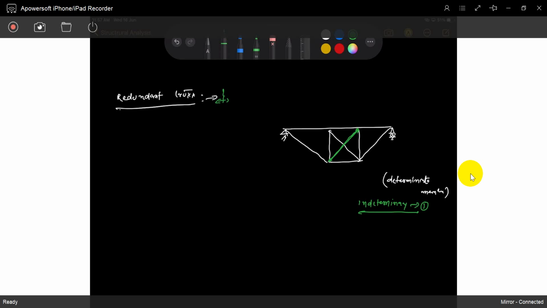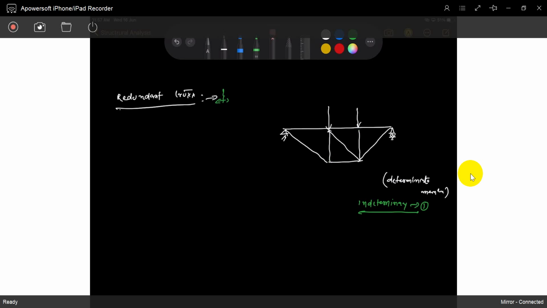See how we will solve. Some forces are there. First we will solve without the redundant.